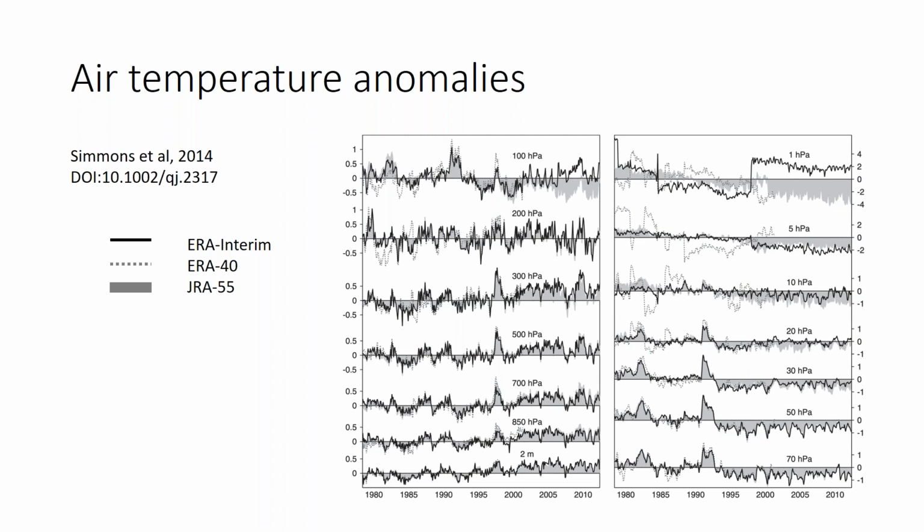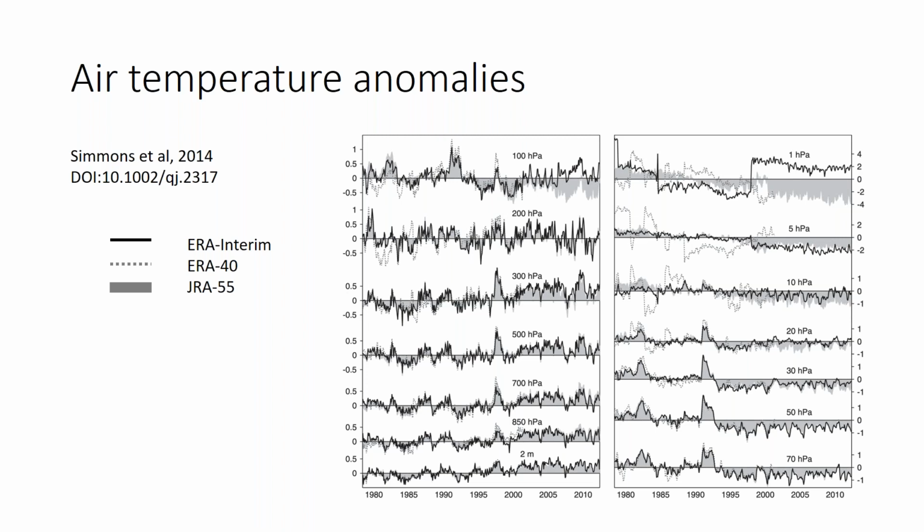So this gives a bit more complete picture for 3 different reanalyses: ERA Interim, ERA 40, and JRA 55, the Japanese reanalysis. If you glance at the 2 plots, they give the anomalies at different pressure levels in the atmosphere. You can see that the troposphere is pretty consistent among them.